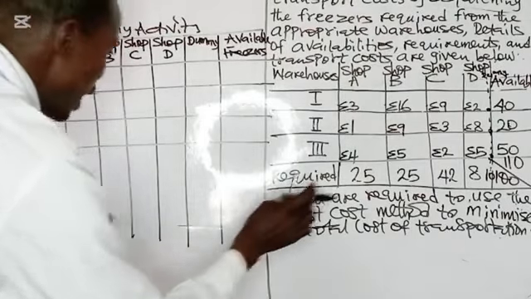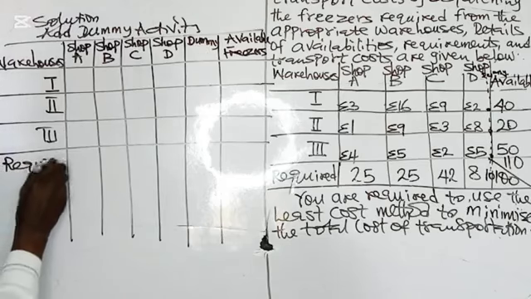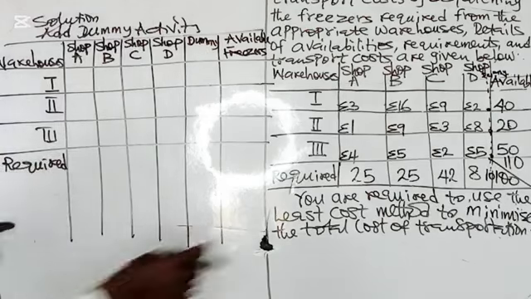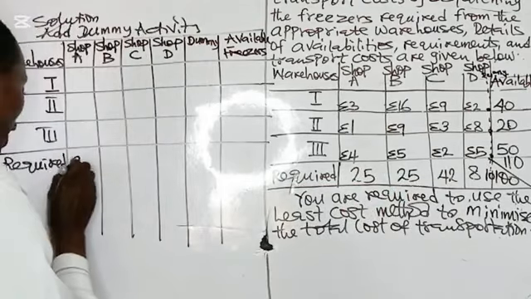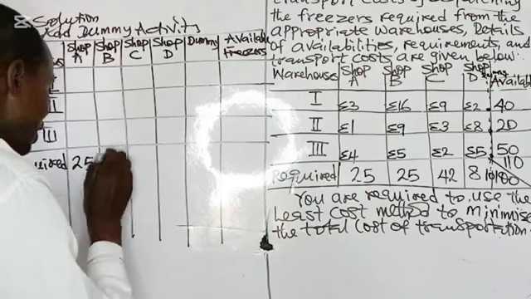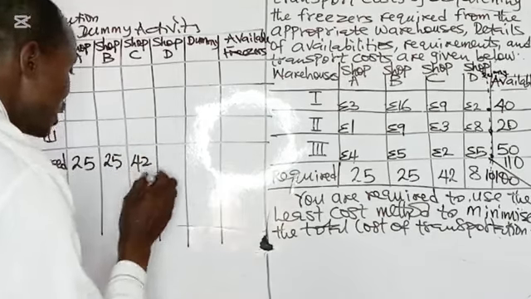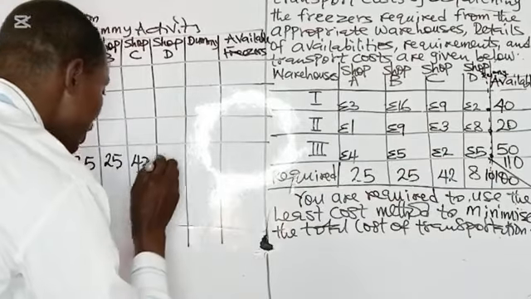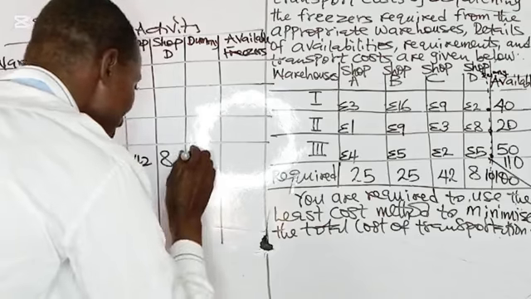Then we have required: 25, 25, 42, 8. 25, 25, that is 50. 42, that is 92. 8, that is 100, plus dummy to make it 110.